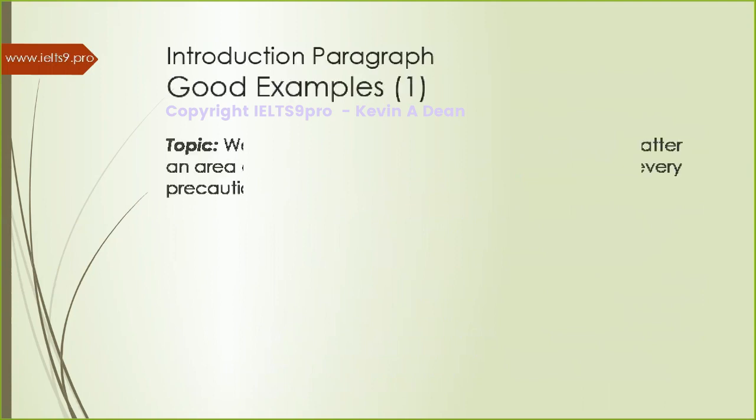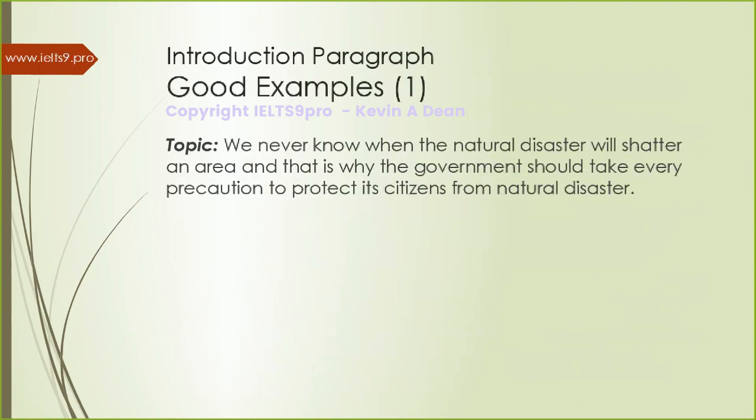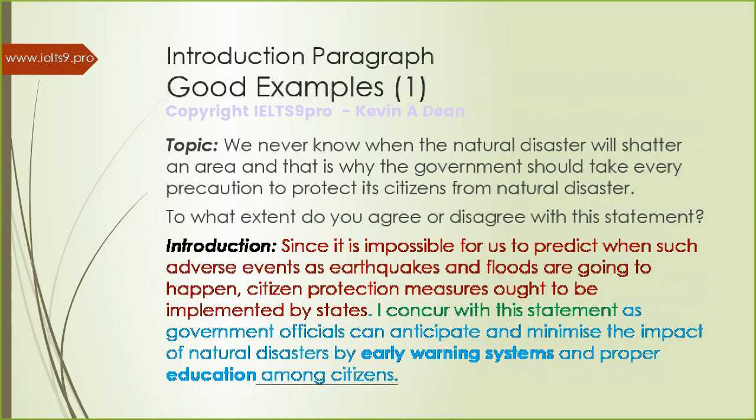Let's see some good examples now. Again, this is from a topic because of the earthquake that happened last week. Unfortunately, this is a real question. So it's to what extent, etc. So as you see, sentence one, it paraphrases. We never know.